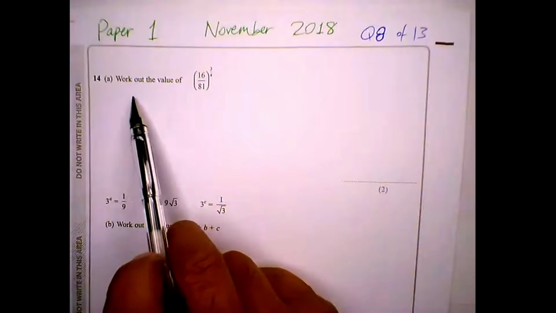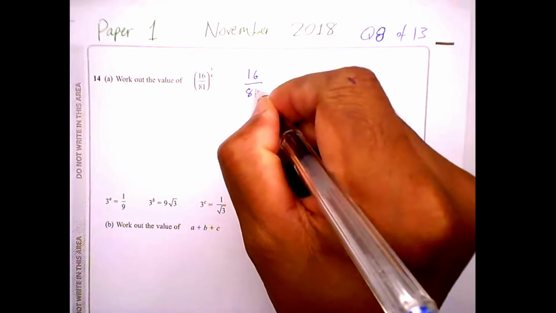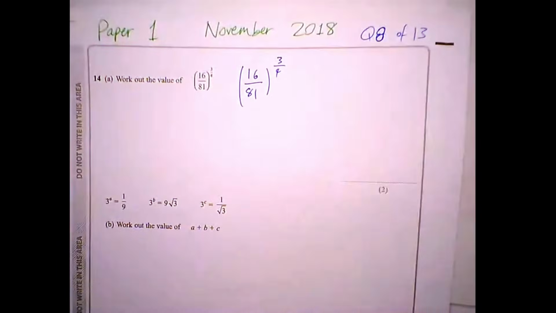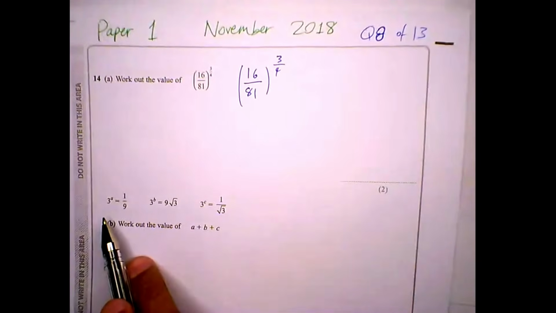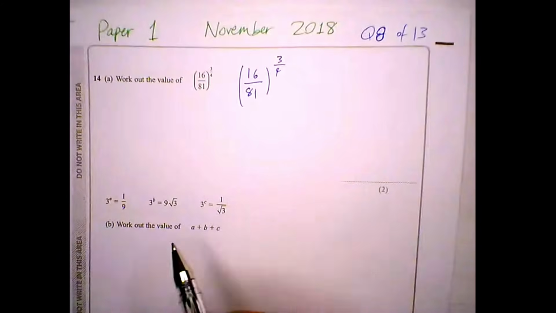The question says, work out the value of 16 over 81 to the power 3 over 4. And then this one says 3 to the power a equals 1 over 9.